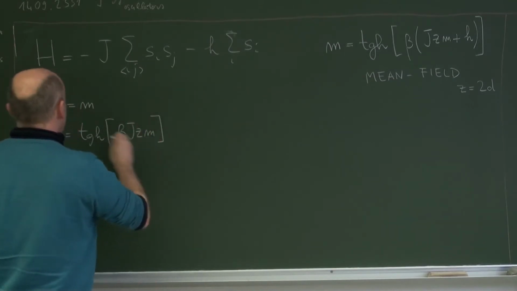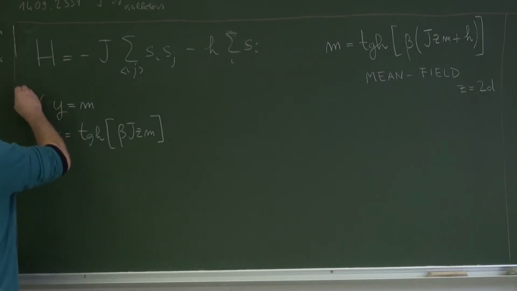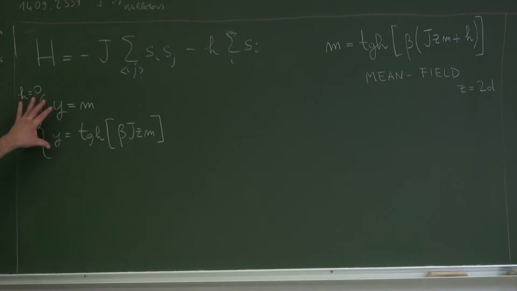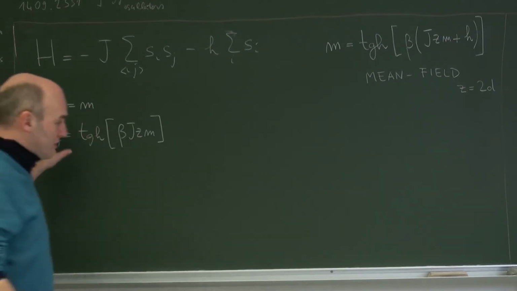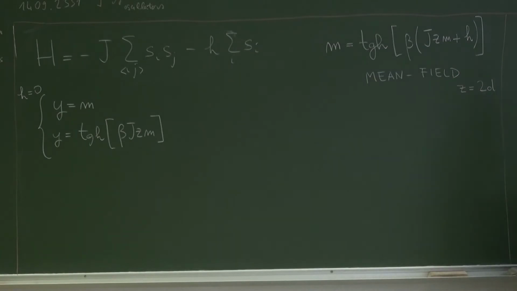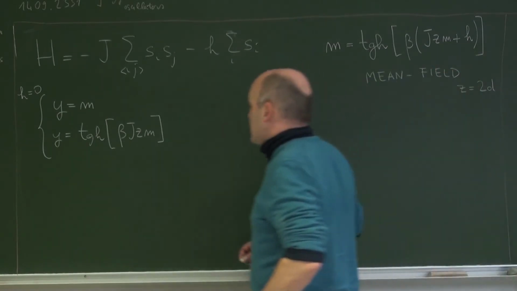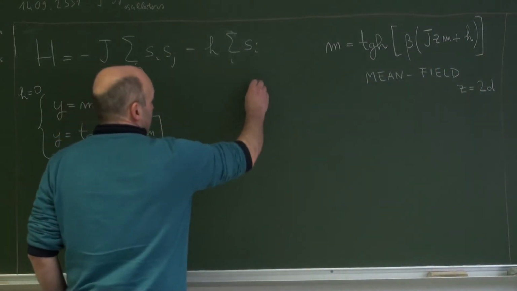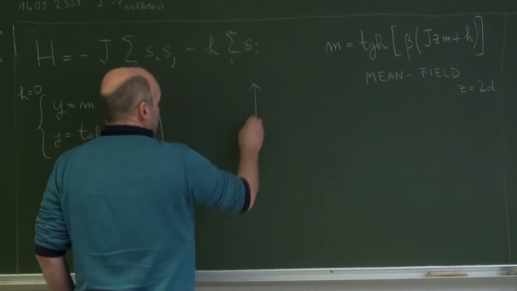For the time being, let's set the magnetic field equal to 0. So the intersection of these two curves, the system of these two equations, is a solution of our original problem. But we can see how this looks graphically.